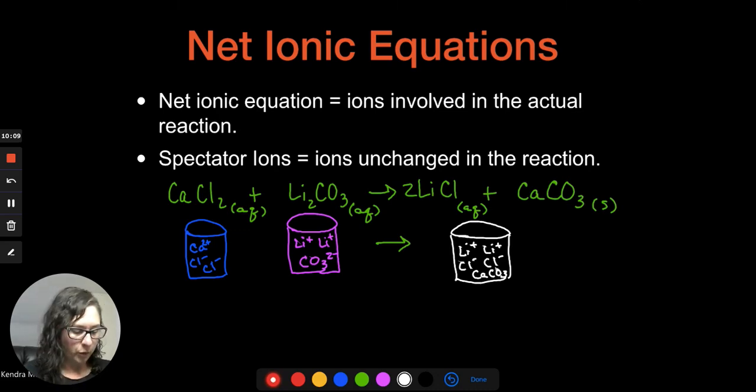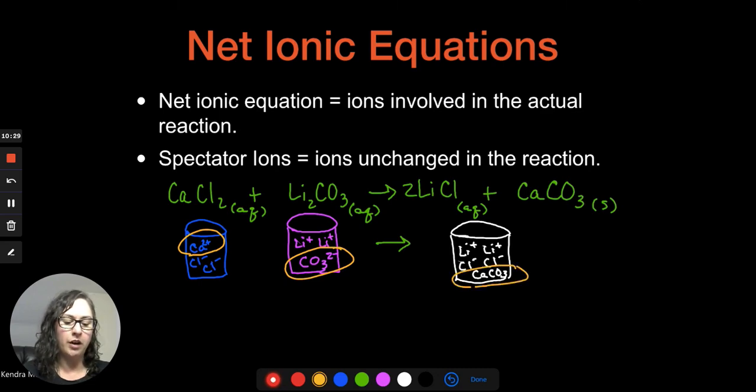When we write a net ionic equation, the lithium and the chloride ions are spectators. They have not changed from one side to the other. They're still aqueous. The only things that have changed are the calcium and the carbonate that formed calcium carbonate.